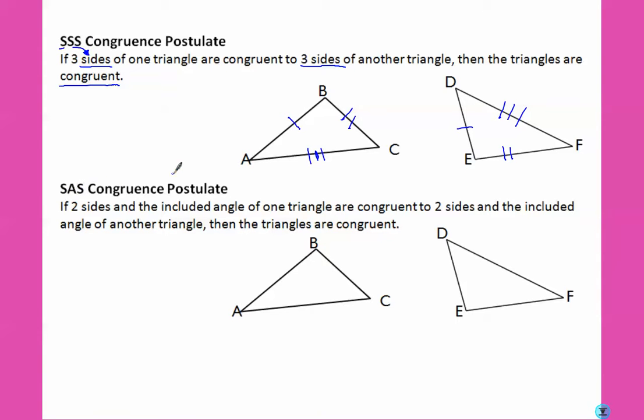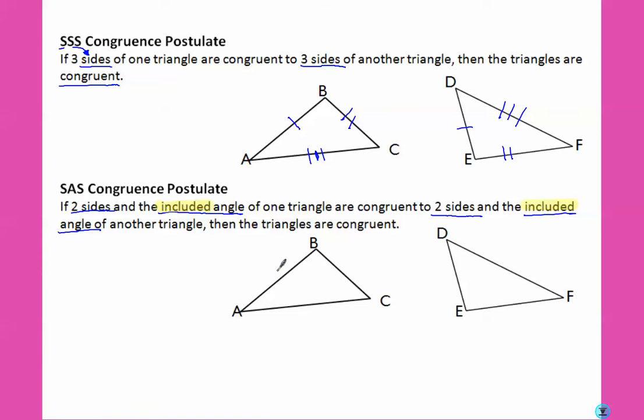The SAS congruence postulate says if two sides and the included angle, that's very important, included angle, of one triangle are congruent to two sides and the included angle of another triangle, then the triangles are congruent.